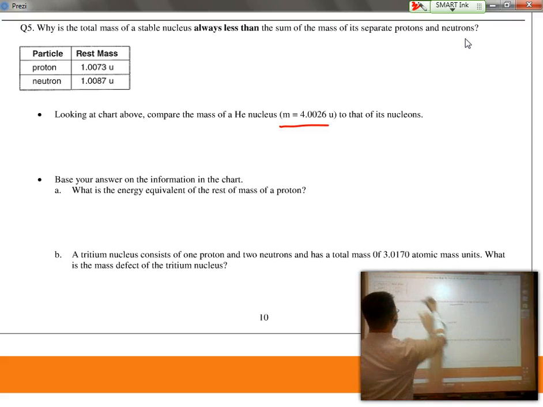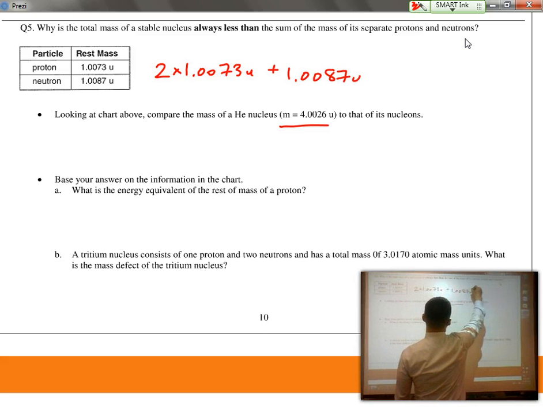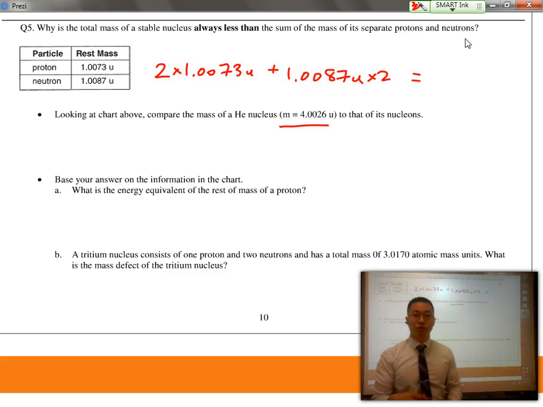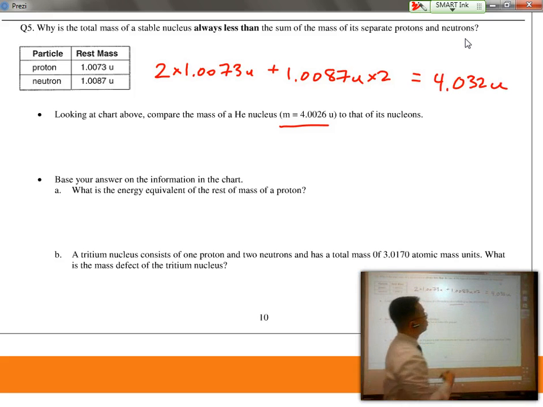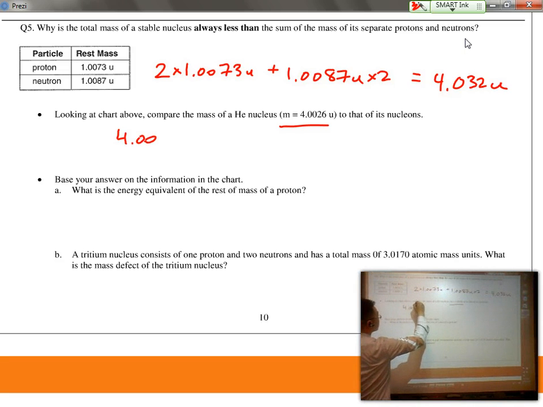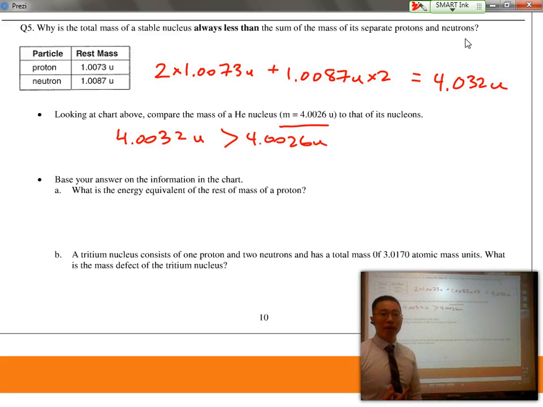So individually, if I take 2 times 1.0073 u plus 2 times 1.0087 u and add up all those masses, I would see that the total mass for those separate components equals 4.032 u, which is greater than the 4.0026 u.